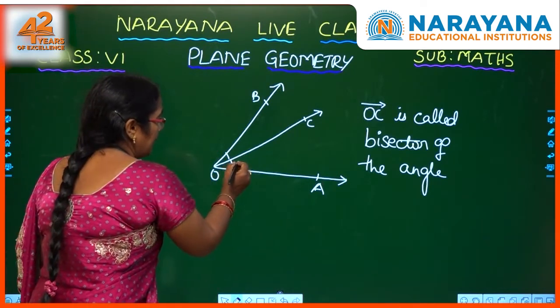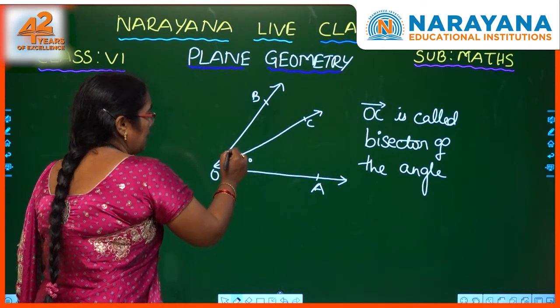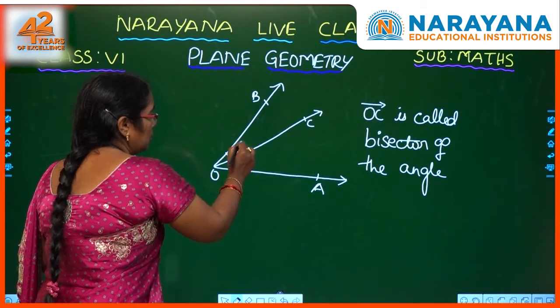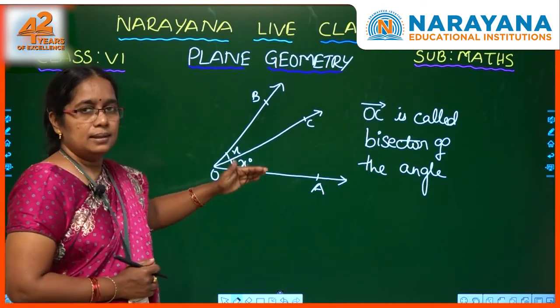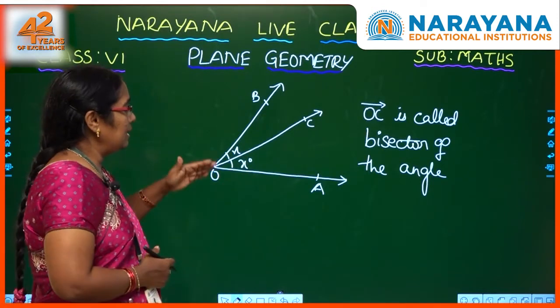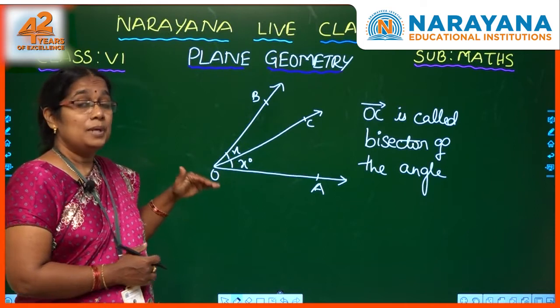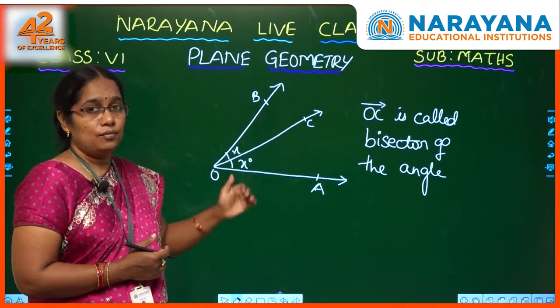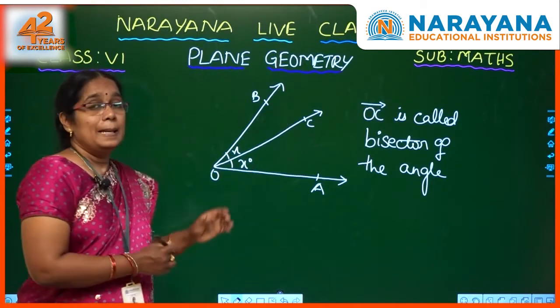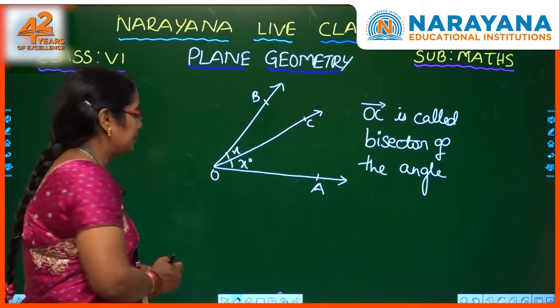That is, angle AOB is x degrees, angle BOC is also x degrees. Since both the angles are equal, we can say that it is bisected. Here what is bisecting? Ray OC is bisecting. Therefore, OC is called the bisector of this angle.